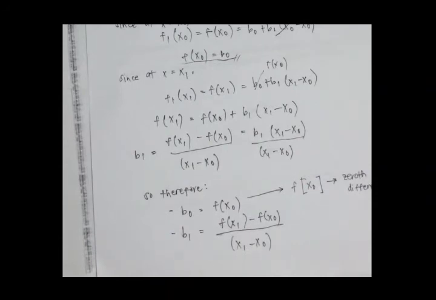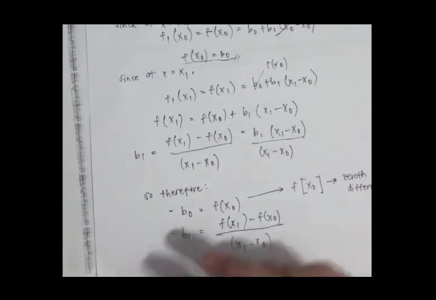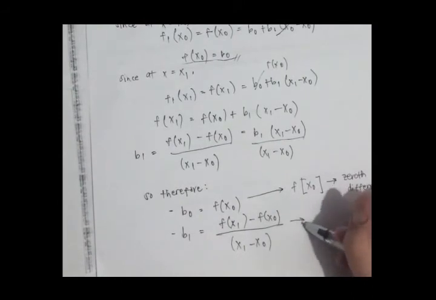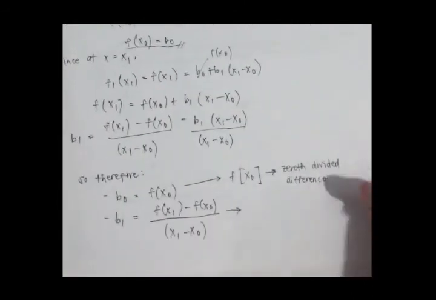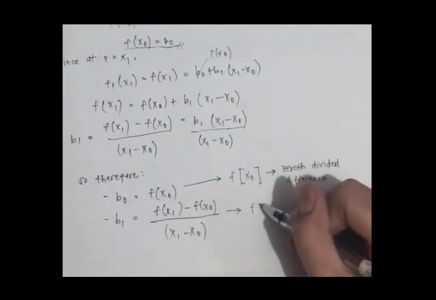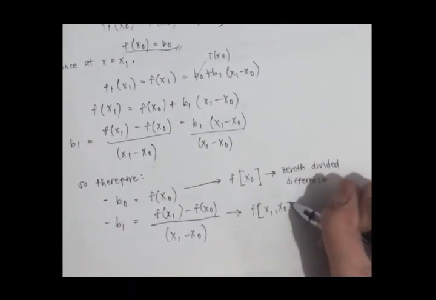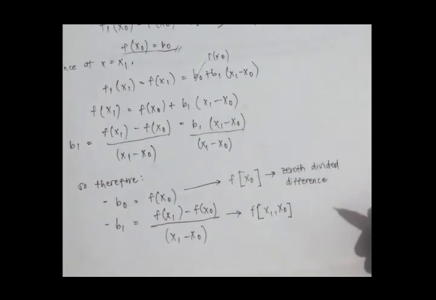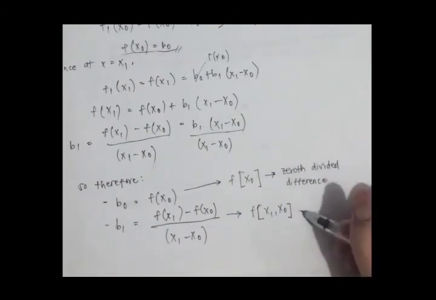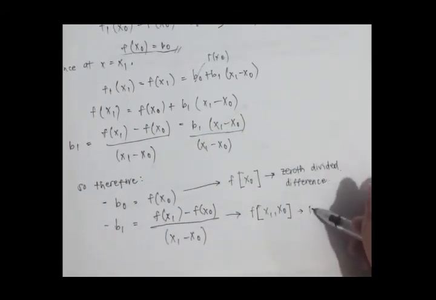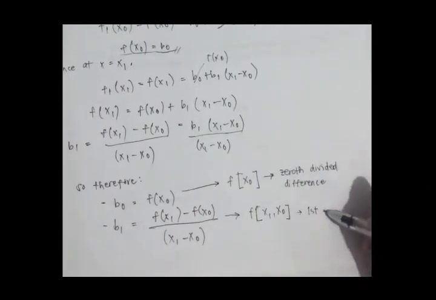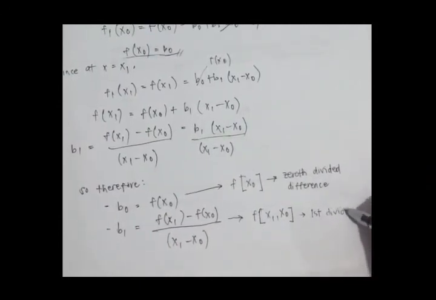While for the b sub 1, it will be, kita pa ba akin? F of x sub 1, x sub 0, and this is called the first divided difference.